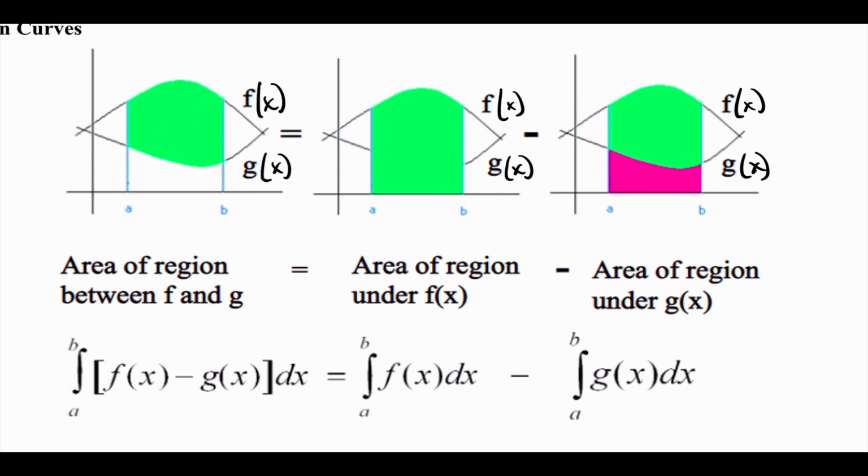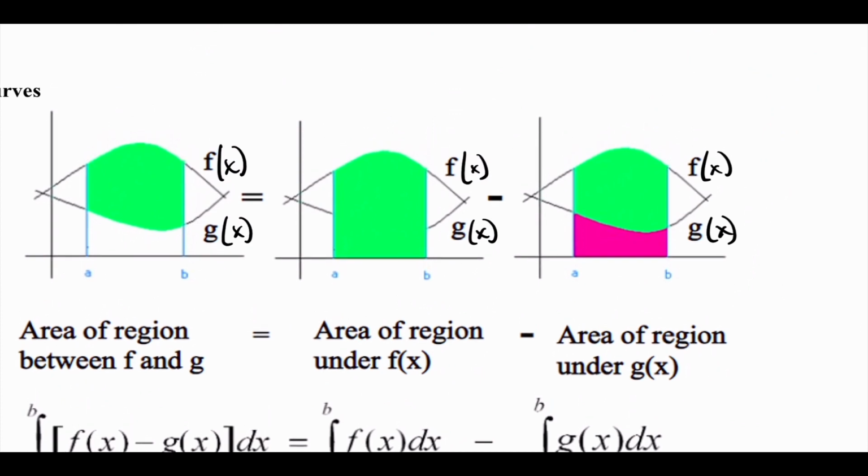So what's the integration way of doing that? Right here, we find the area from A to B. We subtract the two bounds, or we subtract the two functions, and we find area under the curve, okay? So the concept is really easy.